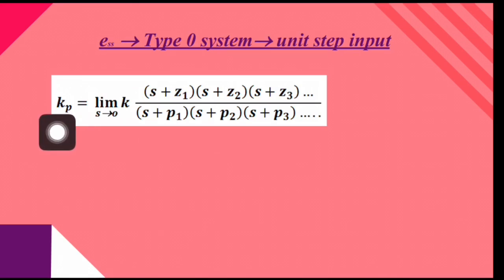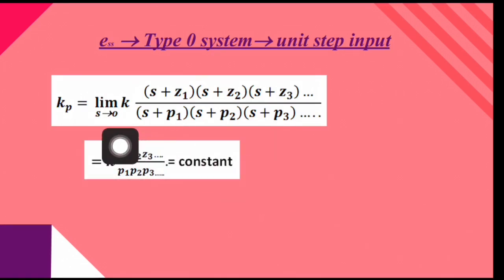Correspondingly, Kp can be equated to limit s tends to 0 K into (s plus z1) into (s plus z2) into (s plus z3) etc. divided by (s plus p1) into (s plus p2) into (s plus p3) etc. By applying limit s tends to 0, our Kp becomes K into z1 into z2 into z3 etc. divided by p1 into p2 into p3 etc., which is a constant.